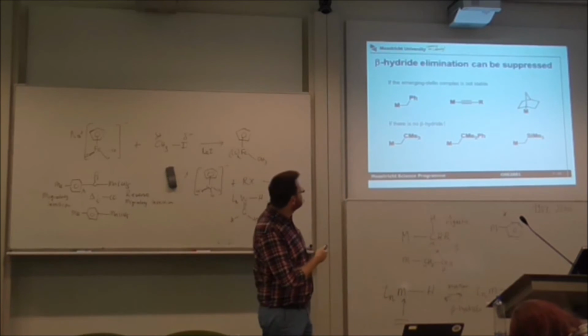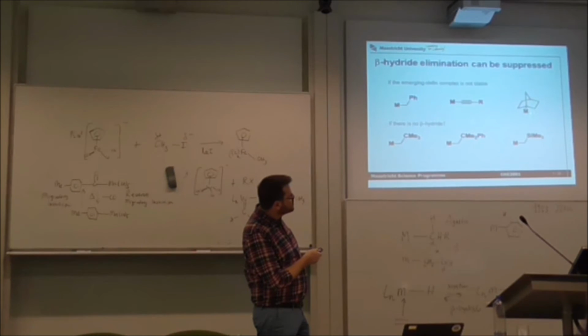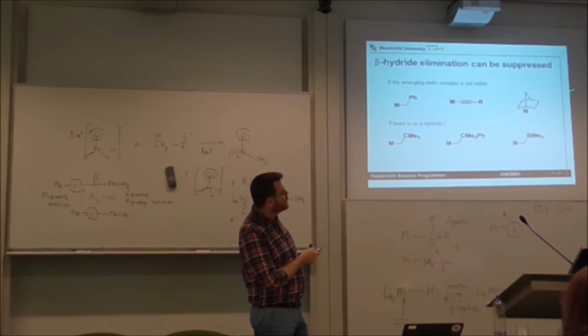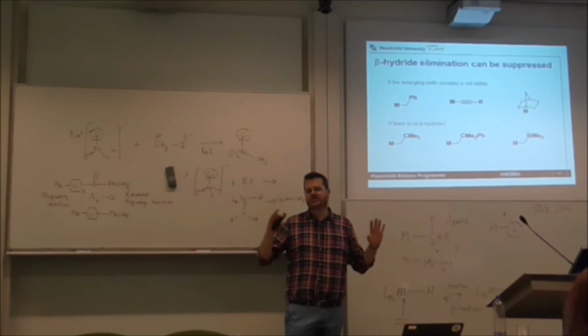Here's some examples. Here you have a benzyl group. There's no beta H. In the beta position, you have an aryl group, benzene. Here there's no beta H. Alpha, beta. We have, in fact, no H's there. Here we have a beta H. The problem with this thing is, if it undergoes beta H elimination, it will form a CC double bond that's very, very constrained.